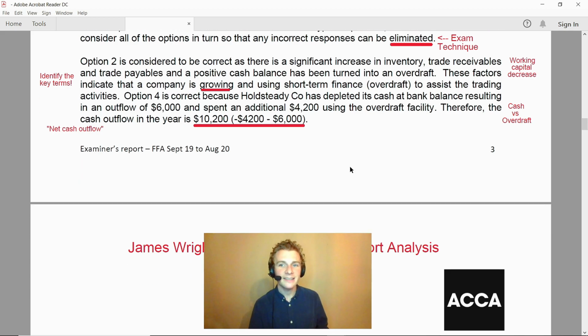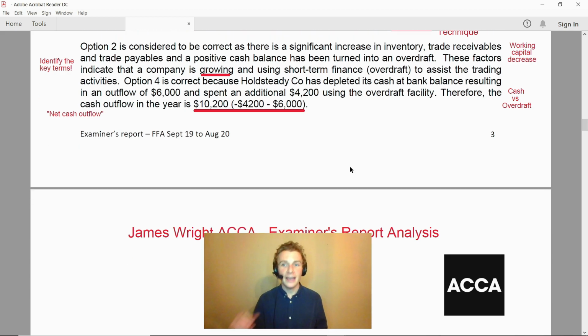So the key terms to get down in terms of this, we had working capital decrease on there. We've got to identify the key terms. So we've got growing on there. We identified the cash reserves going down. In essence, it was a case of the cash versus the overdraft in terms of the net cash outflow. So take the minus 4,200.